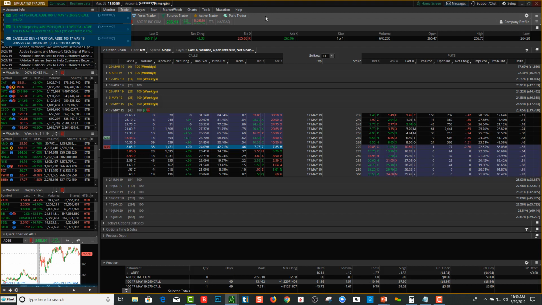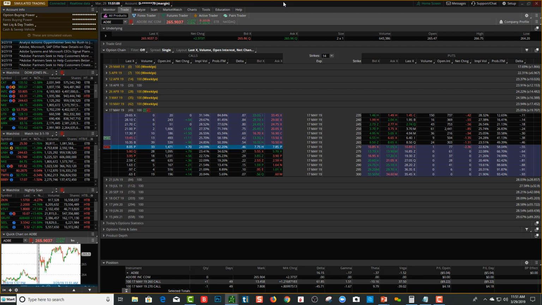Just to show you the differences with limit orders and market orders and how to do the trade. Again, this is a practice trade. I just want to show you how this all breaks down and how to place a bull call spread, otherwise known as a call debit spread.